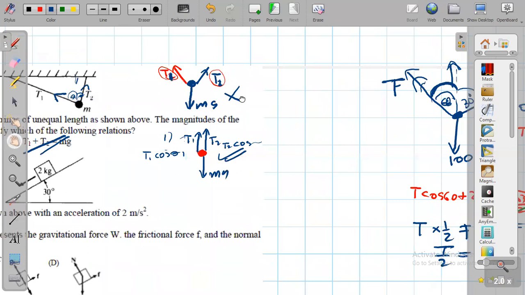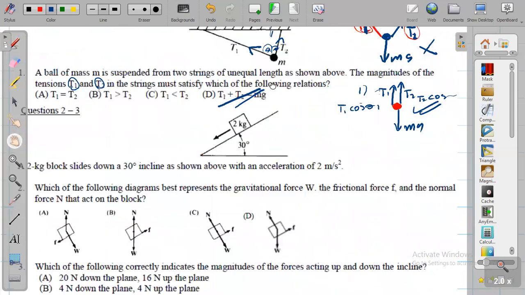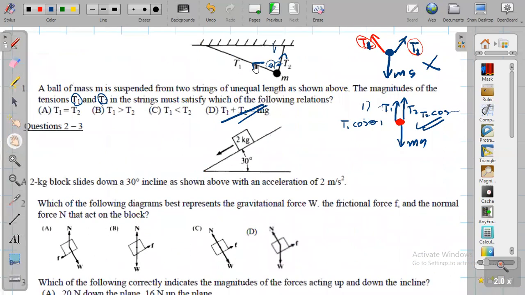So what is the answer going to be? This angle is greater, so the force should definitely be greater to support. So this T1 is greater than T2. Is there another one? Understood?